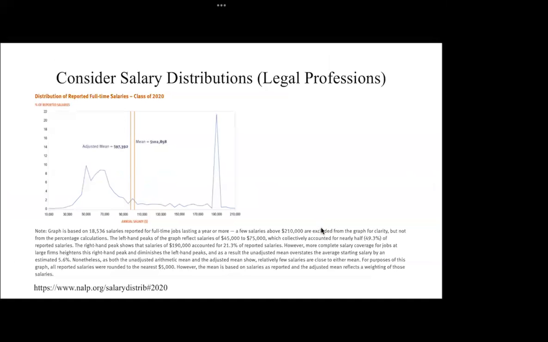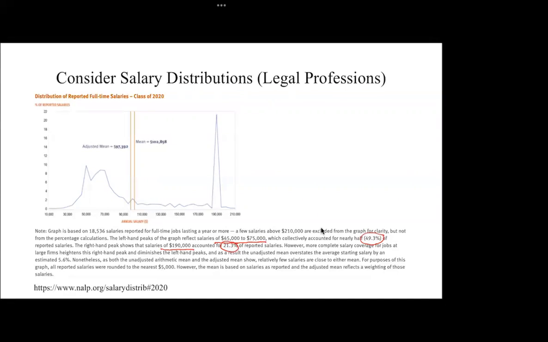But in this particular example, these are the starting full-time salaries for the class of 2020, so very relevant recent graduates. According to this, 50% of the respondents make between $45,000 and $75,000, and 21% make $190,000 or more. The average is about $100,000.